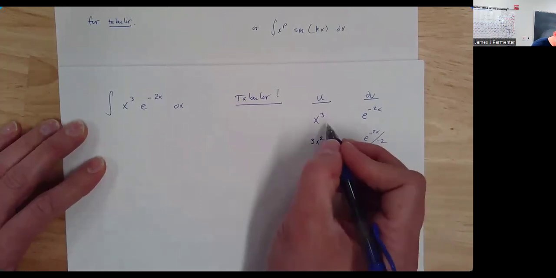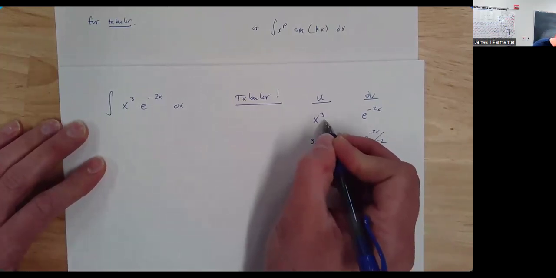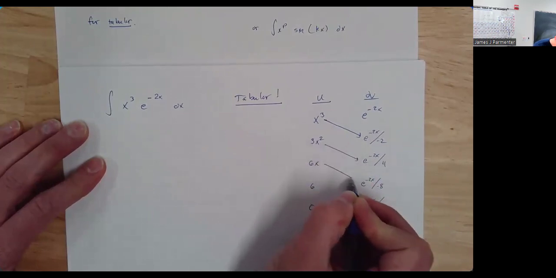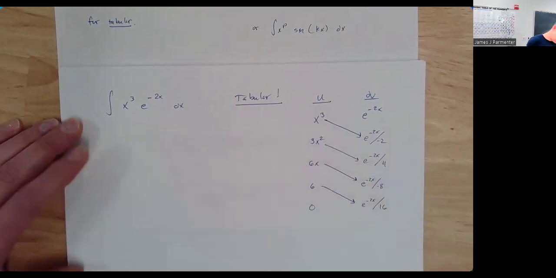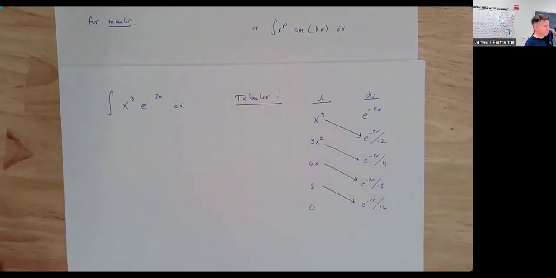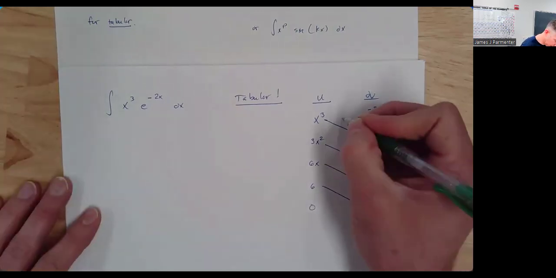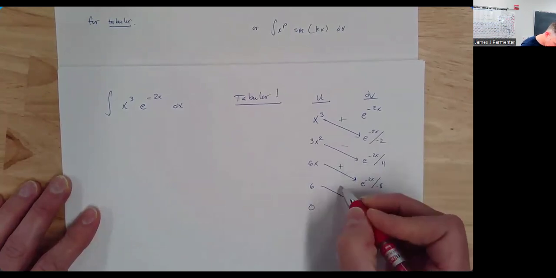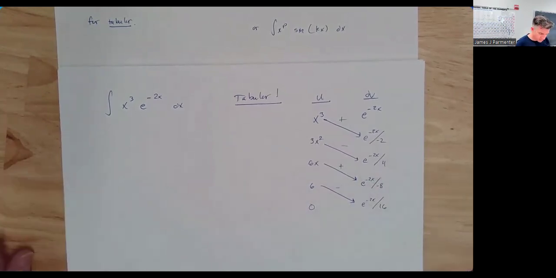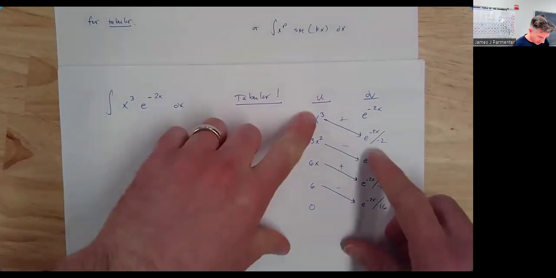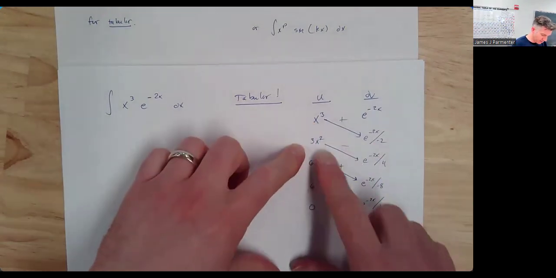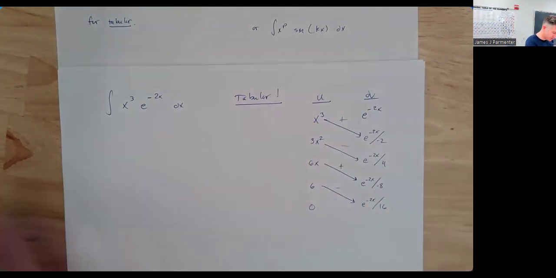And then we go down diagonally from upper left to lower right. But it's important to make sure your things are kind of aligned appropriately. And then it's plus, minus, plus, minus. So here it looks like everything's actually going to turn out to be negative, because it's going to be x cubed times e to the negative 2x divided by negative 2. And then negative 3x squared times e to the negative 2x divided by 4. So I was going to write this out.